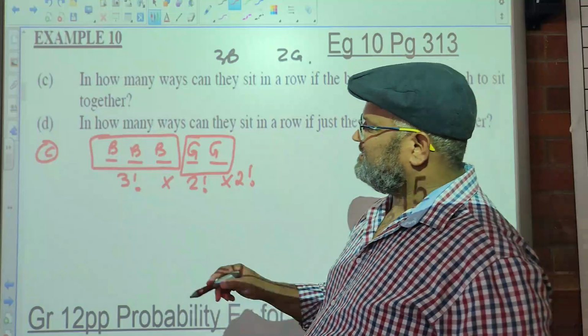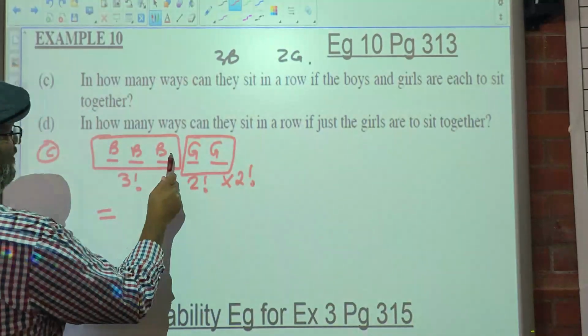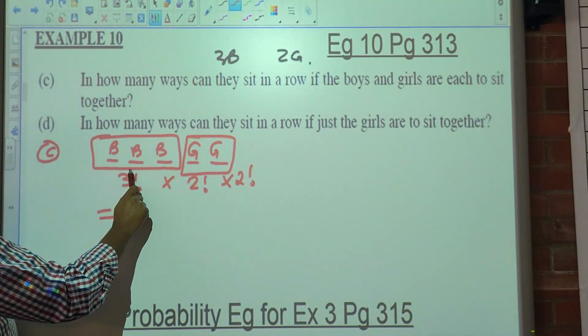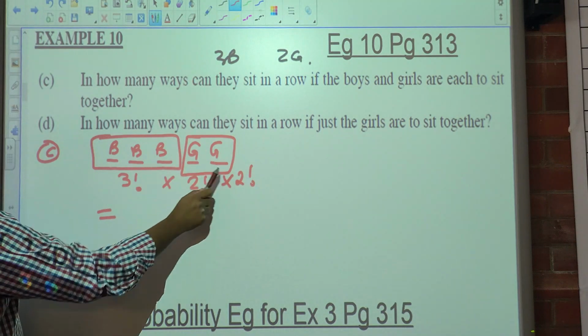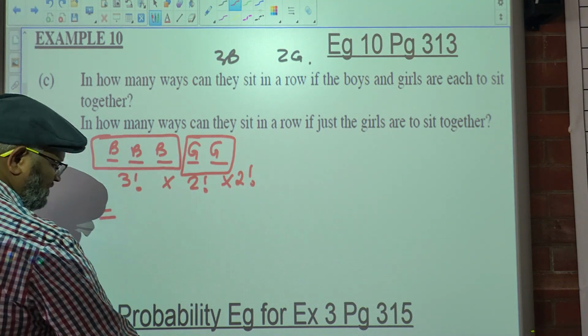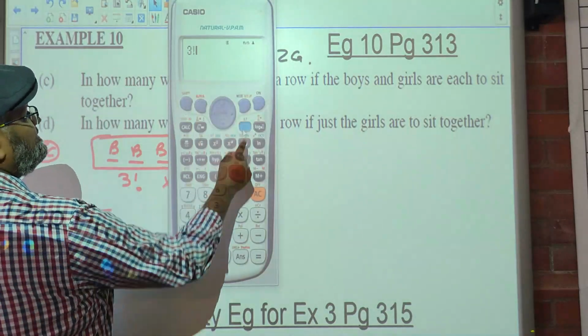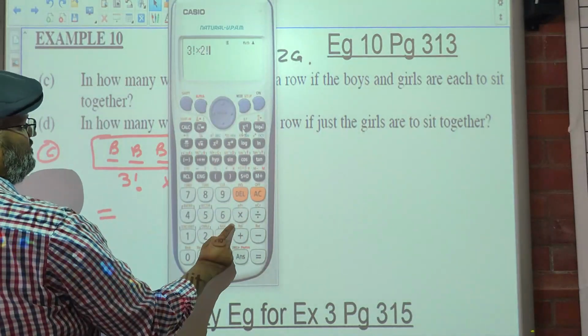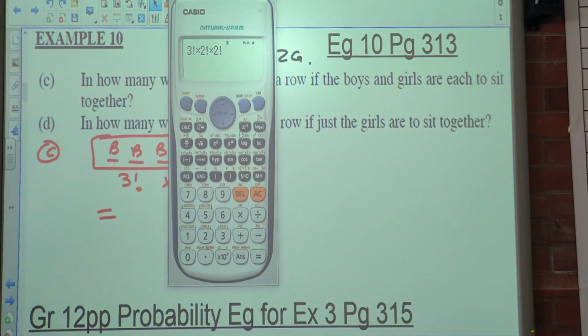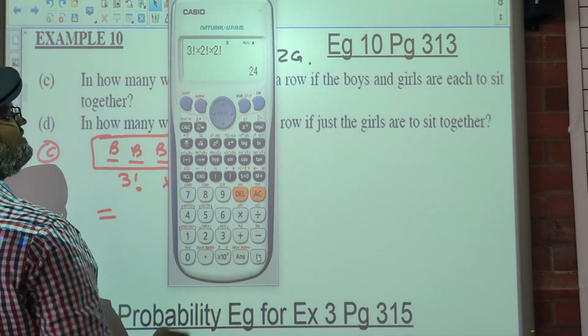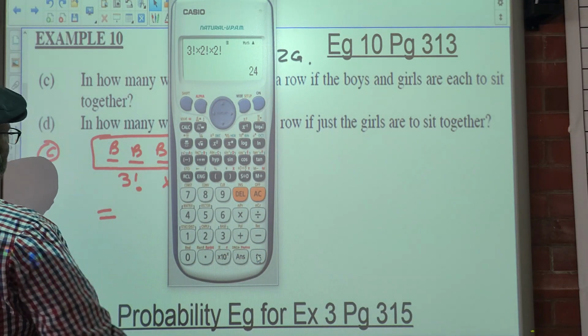You guys understand? So again, the boys have to sit together, it's 3 factorial. The girls have to sit together, it's 2 factorial. And this of course can interchange, it's 2 factorial. So that will give you 3 factorial times 2 factorial times 2 factorial. You didn't have to put 2 factorial because that 2 factorial is the same as 2. So that's 2 times 1. Give me an answer of 12.